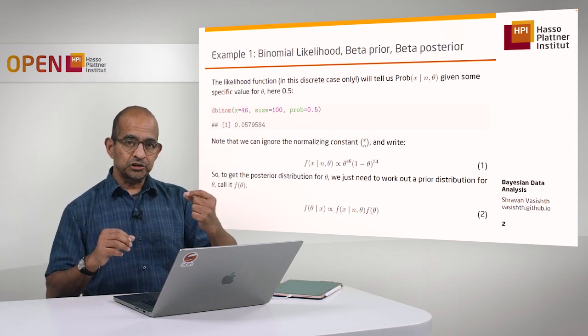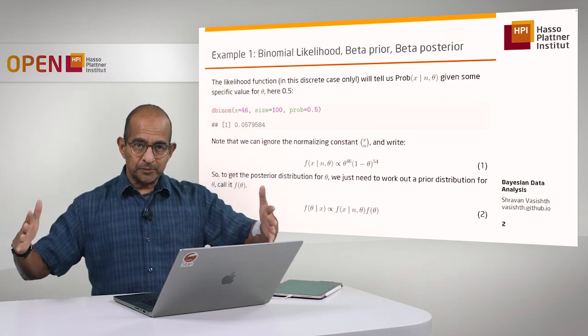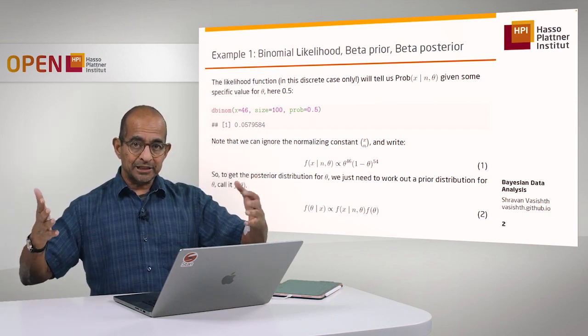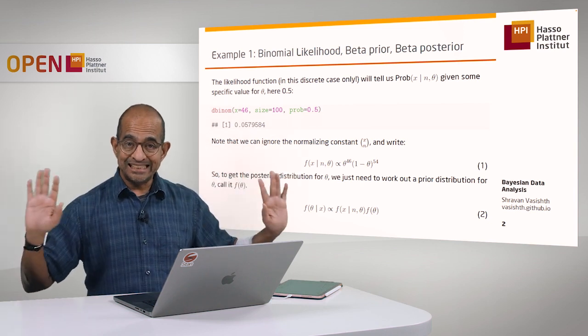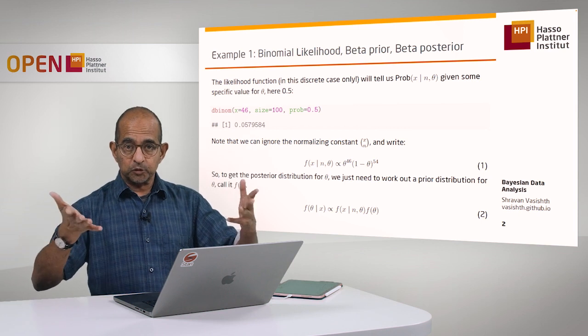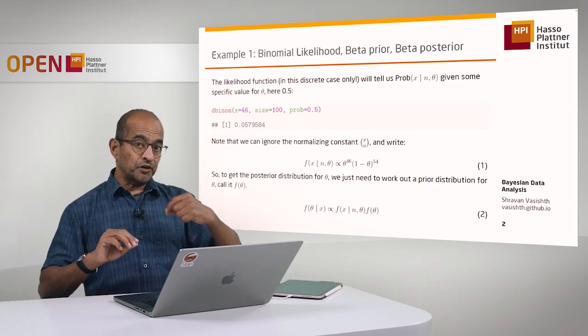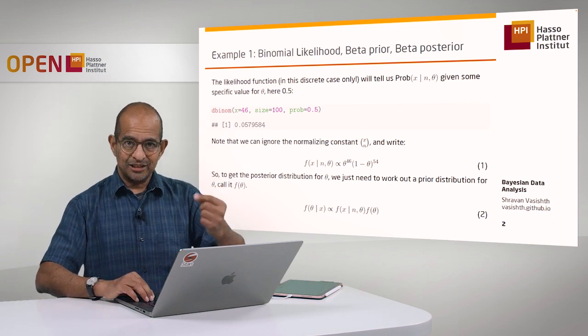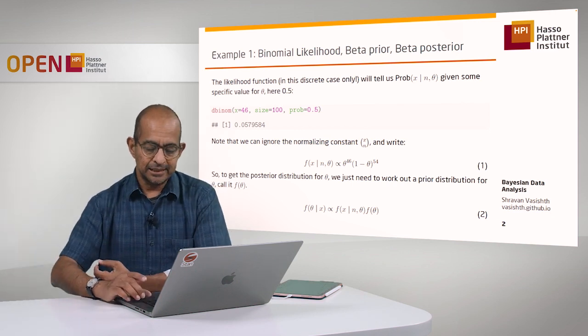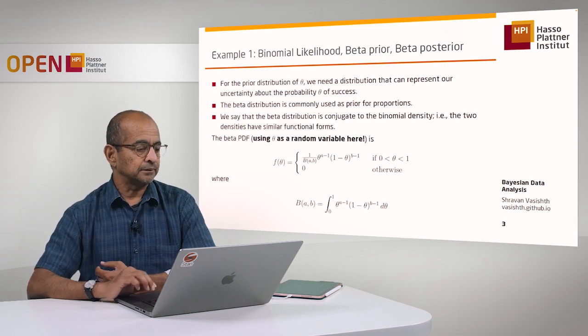The prior distribution is going to represent what we believe are plausible values of the parameter theta before we have even seen any data, before we've seen the current data that we're trying to model, which is 46 successes out of 100. That's why it's called the prior on the parameter theta. It's specified before actually looking at the data.